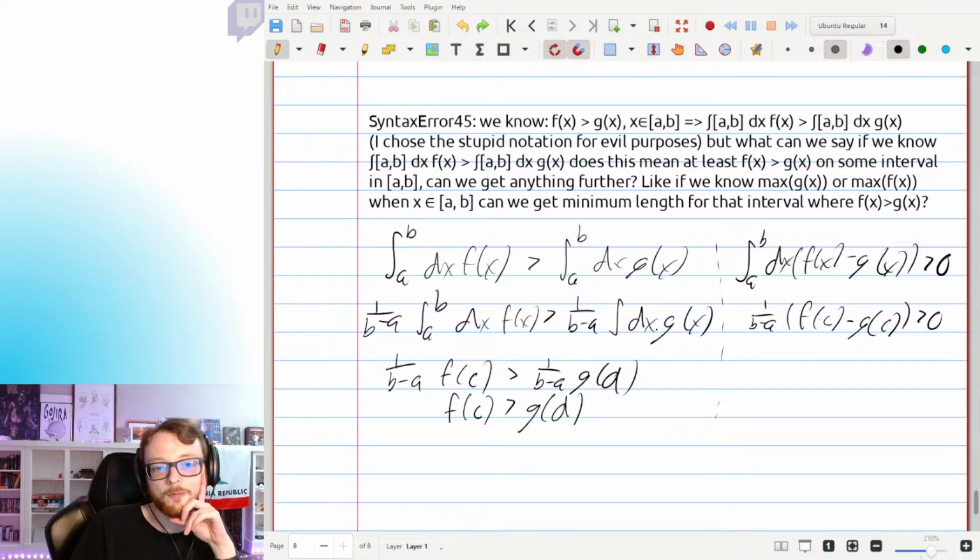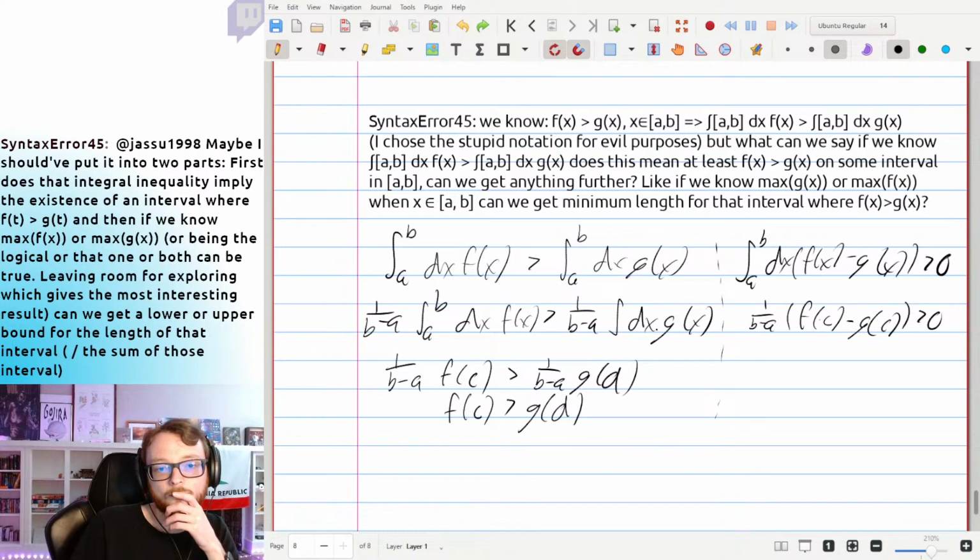So it doesn't have to be for the entire interval, but you can say there is some interval where f of c is greater than g of c, and I think everything is positive here, or we can pretend everything is positive.